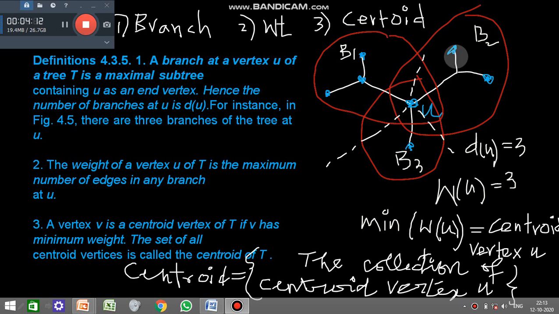I mean the weight is very minimum, then that's called a centroid vertex of the tree T.